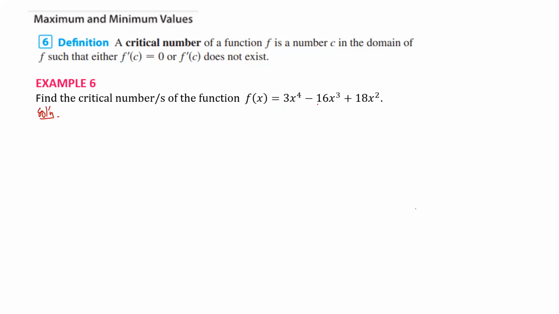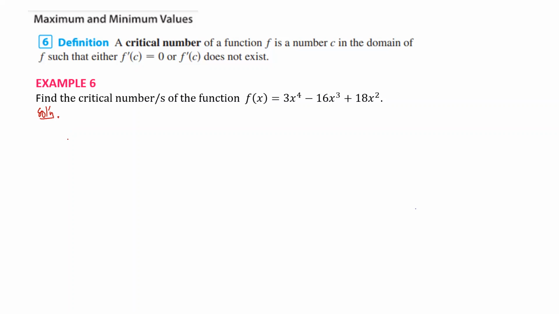Now, since this is a polynomial, we do not have the case where the derivative does not exist because a polynomial function is defined for all values of x. That means that to find the critical number, we only utilize the condition that the derivative of the function at c is equal to 0. So the objective is to find that c, which is our critical number.